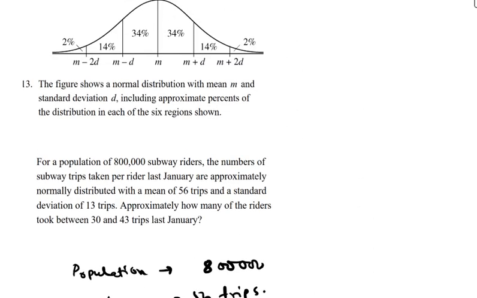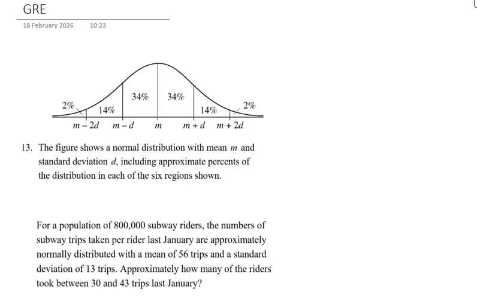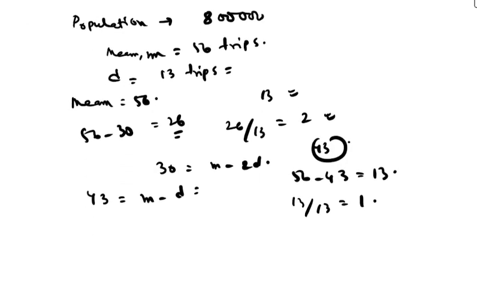Now look at the diagram. What percentage lies between M minus 2D and M minus D? The diagram shows 14%. So approximately 14% of the riders fall in that range. Now find 14% of 8 lakhs.